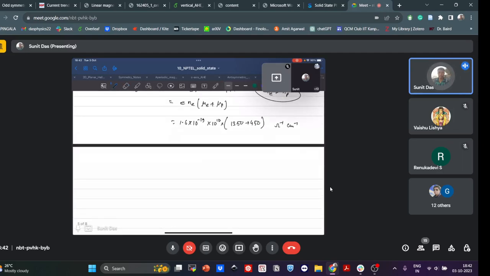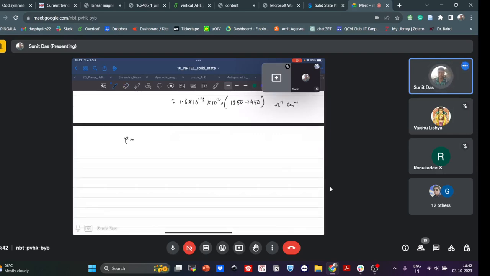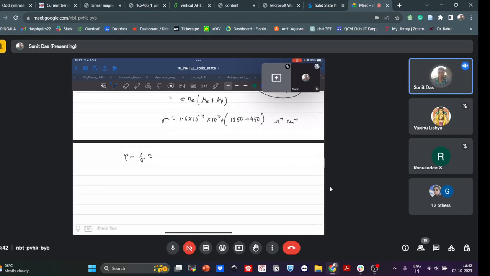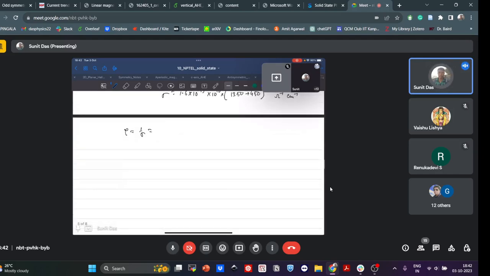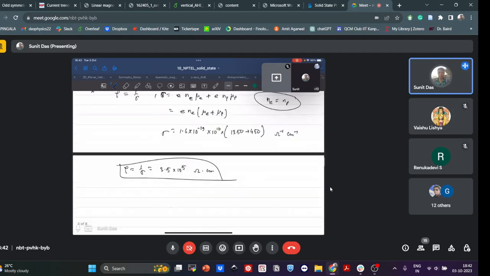So then finally we need to find resistivity equal to 1 by sigma. If we reverse this, the final answer comes out to be 3.5 into 10 to the power 5 ohm centimeter. So this is the final intrinsic resistivity. Okay, so next question.